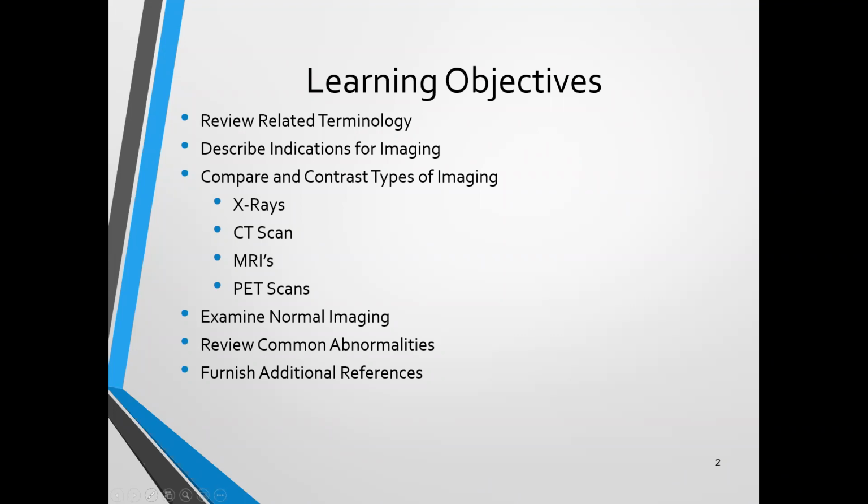We'll be examining normal images in order to get a handle on what is not normal. We really need to look at what would be more normal or typical. We'll review some common abnormalities. Now, although this presentation is on imaging, we know that imaging is just one major category of clinical indicators.